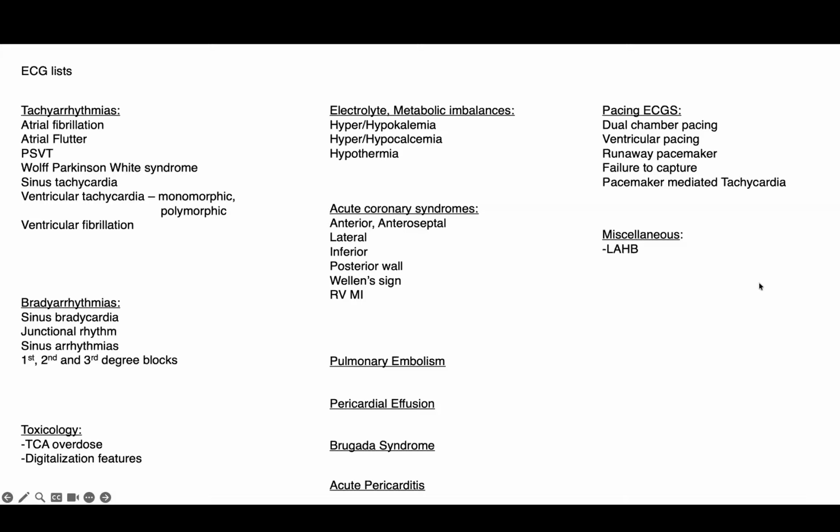If the examiner tells you that you don't need to tell all that, just tell me the diagnosis, then you tell the diagnosis alone. If you jump directly into the diagnosis, it may backfire for you. So be very cautious when you answer the ECGs. Always go in a stepwise format. These are the ECGs that will be kept in the exam. Please do make a note of it. In acute pericarditis, please don't forget about Spodick's sign.